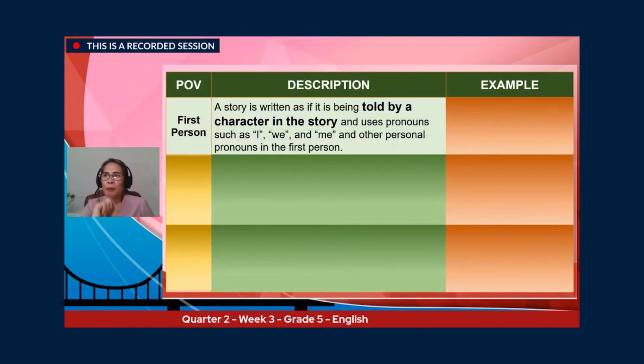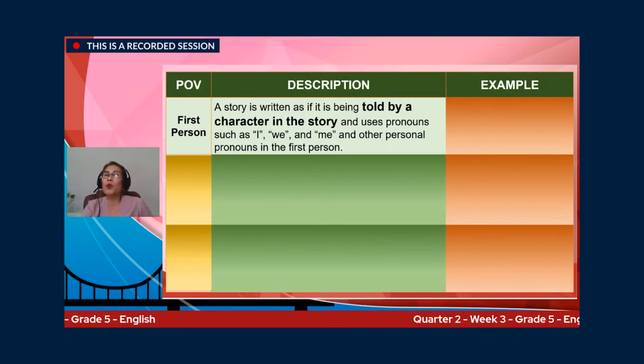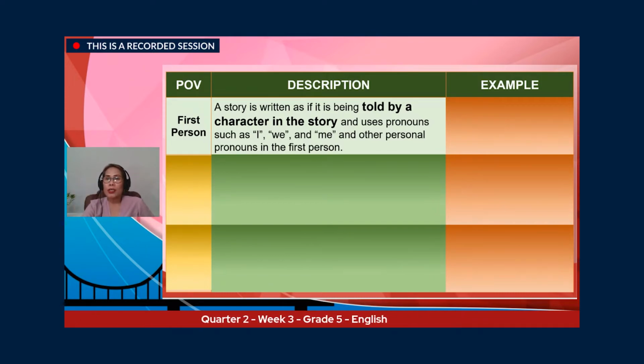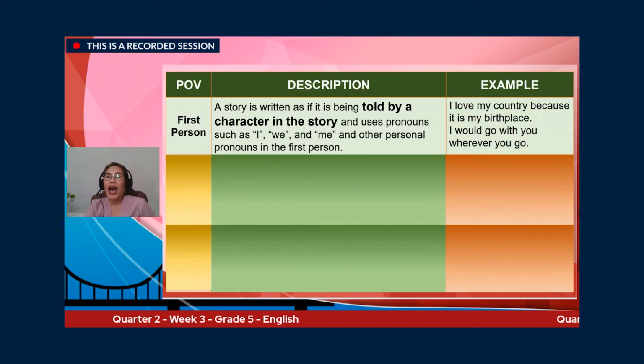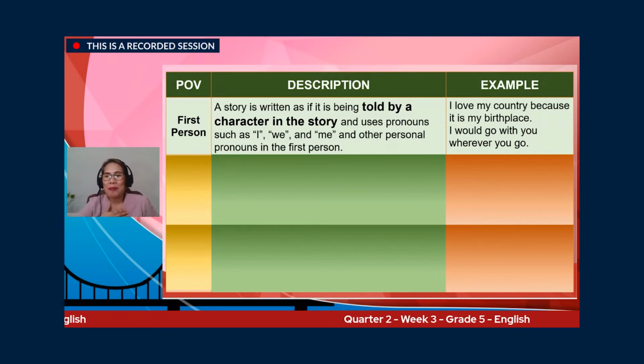When you talk about the first person, it is a story written as if it is being told by a character in the story and uses pronouns such as I, we, and me, and other personal pronouns in the first person. For example, I love my country because it is my birthplace. Another example, I would go with you wherever you go.